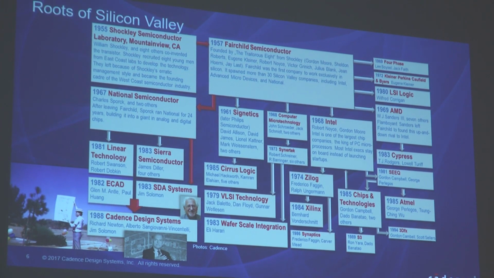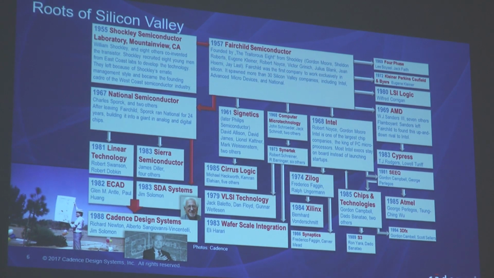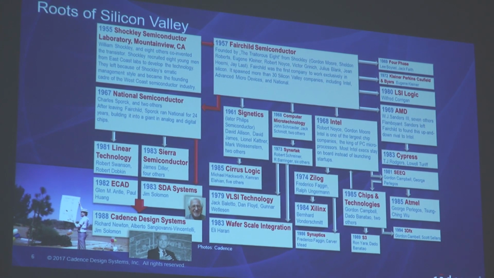One of these engineers is Gordon Moore, who then introduced Moore's law. Gordon Moore went on to be one of the founders of Intel in 1968. And then from Intel, the company Zilog was created, then the company Xilinx, which is famous for FPGAs.